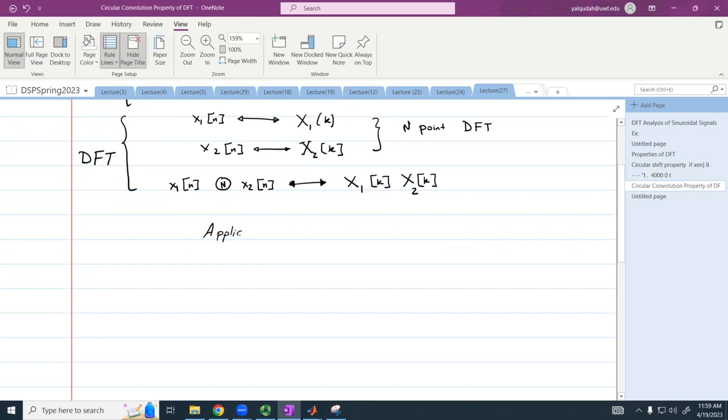So application: FIR filtering using the discrete Fourier transform.